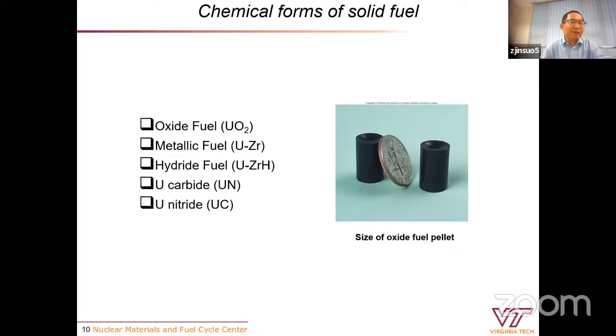And the other type of fuel is metal fuel. The metal fuel has uranium zirconium metal, uranium moly metal, UMo. They have uranium moly plus some other additive metals and make a metal fuel. So metal fuel has been used in the fast reactor.